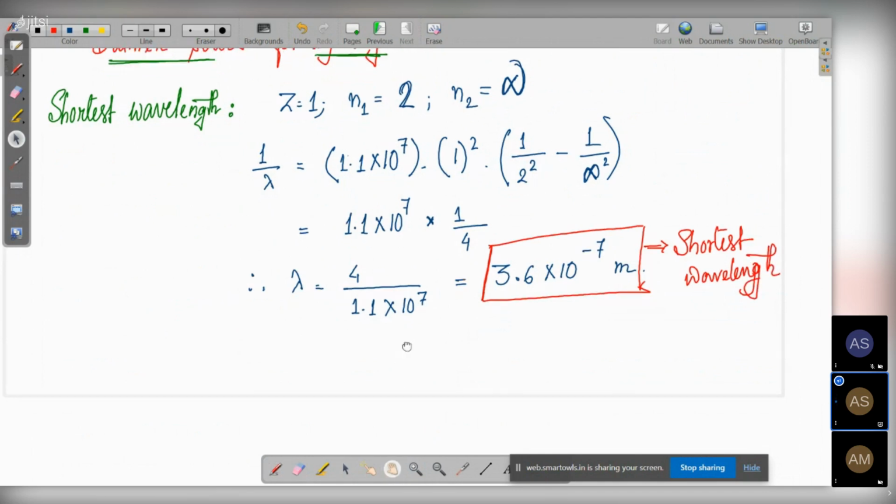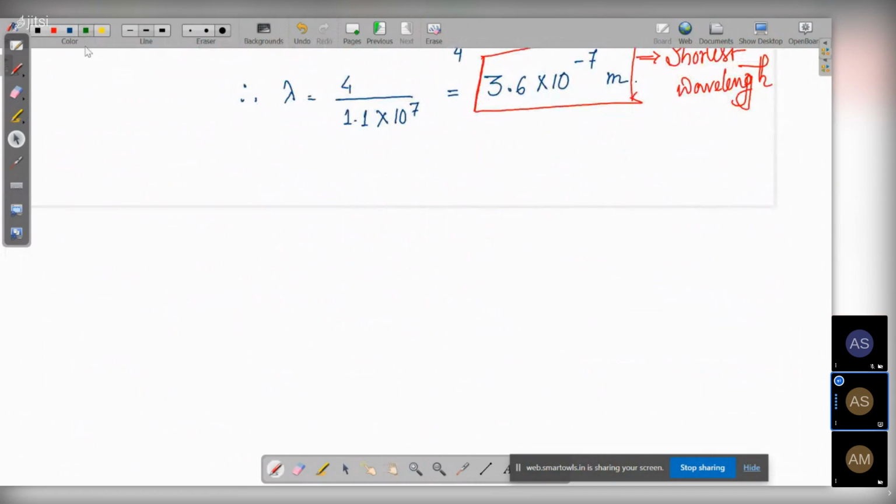What about the longest one? For the longest wavelength, Z is equal to 1, N1 is equal to 2, and N2 is equal to 3.